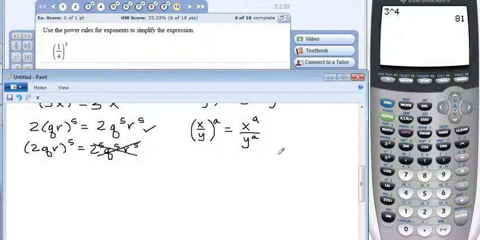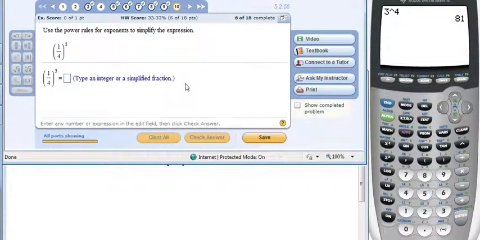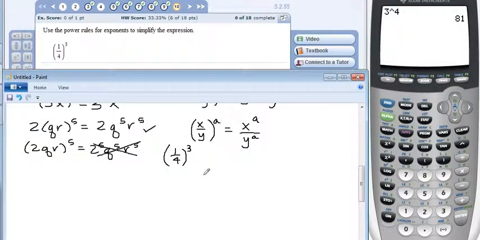Okay? So in ours, we have a quarter raised to the 3rd power. Now, it says a simplified fraction, so we have to be careful about the directions. So that would be 1 to the 3rd power over 4 to the 3rd power. Each one gets that. It's not 4 times 3, it's the powers that get multiplied.